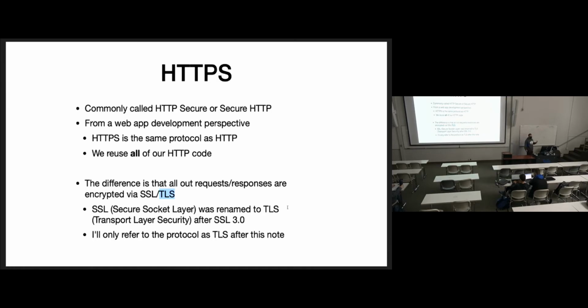So our app doesn't care, no web apps actually care that when it sends information over the socket that it's encrypted. So everything we write, we just think in terms of HTTP, we worry about the app itself. We don't have to retroactively change everything to add security to it. It just happens when we slap that TLS layer in there.